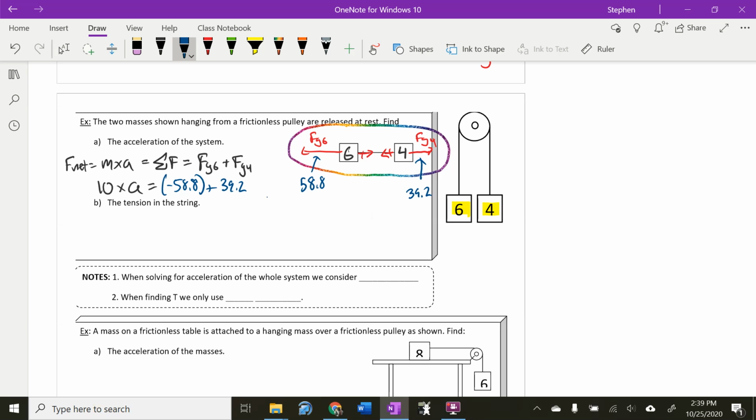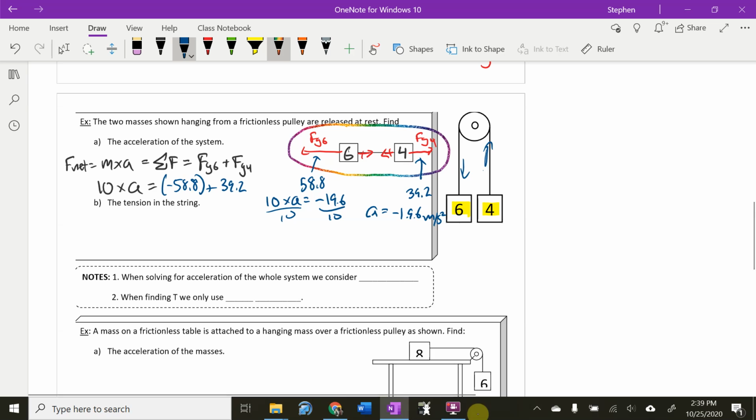So carrying on here, 10 times a equals negative 19.6. Divide both sides by 10, and a equals negative 1.96. So that's going to be our acceleration, and it's going to be moving to the left, which is why we called it negative. On our redrawn diagram it's to the left, but it means it's going to be going counterclockwise around the pulley.